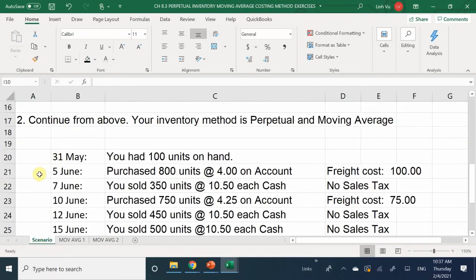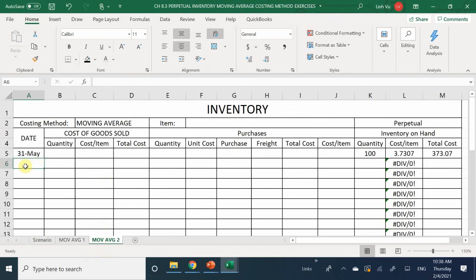So again, what happened on June 5th? We purchased 800 at $4 with a freight of $100.